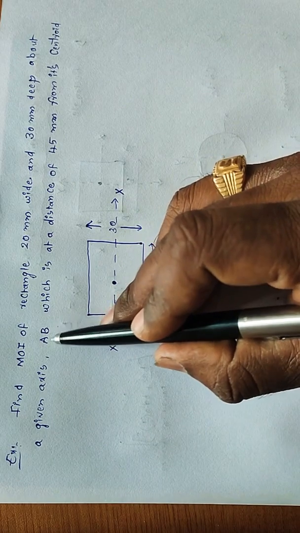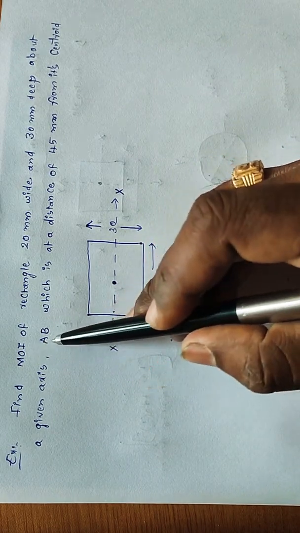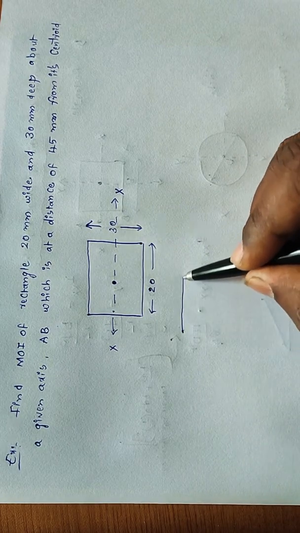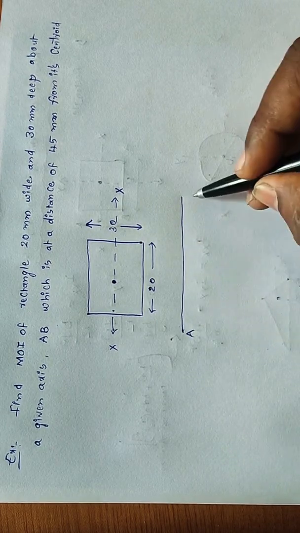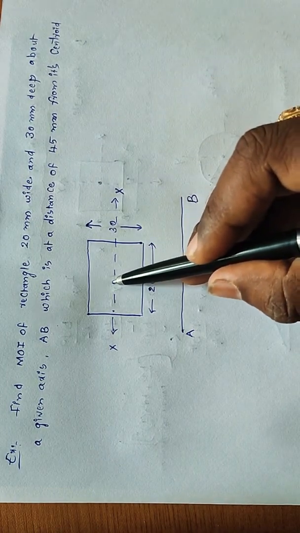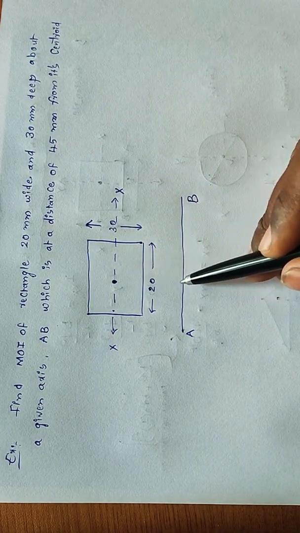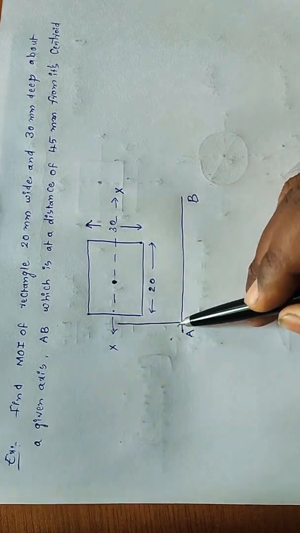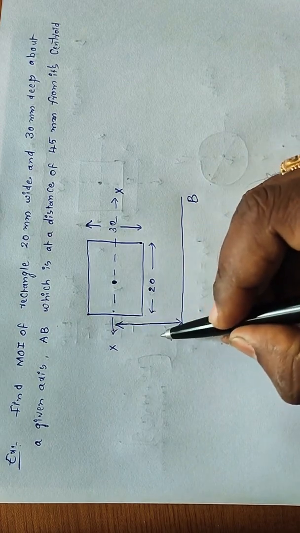So this is AB, at a distance of 45 mm from the centroid.